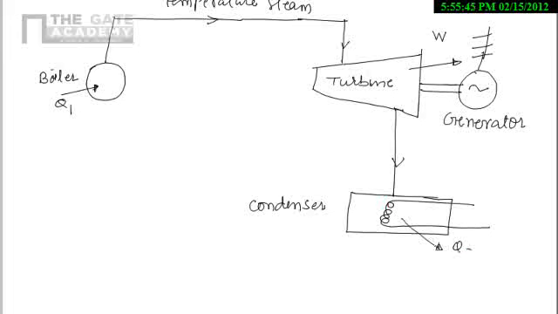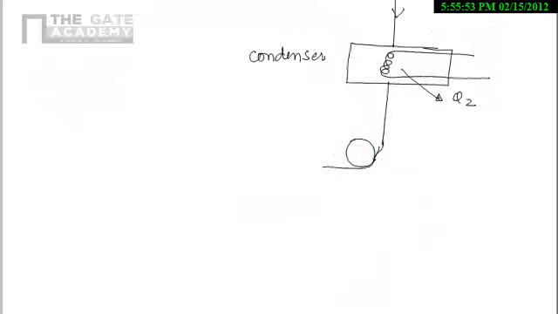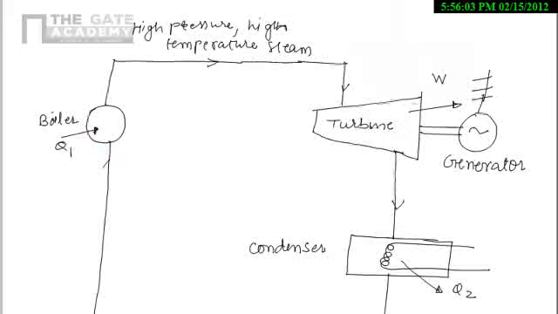It will reject the heat, Q2, and now this water will be pumped through this pump, and again the water goes into the boiler.